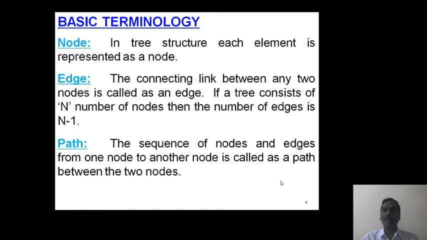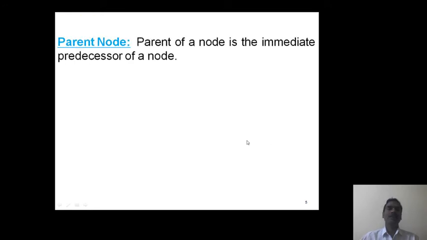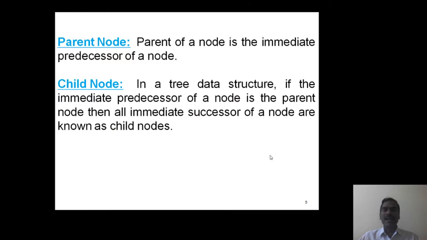This one, path. The sequence of nodes and edges from one node to another node is called a path between the two nodes. This one, parent node and child node. Let us take any edge.